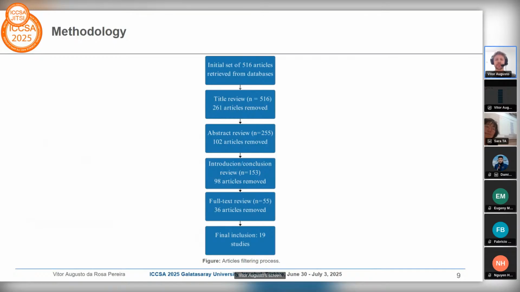After that, there was an abstract review step, removing 102 articles, and then the introduction and conclusion review, removing 98. And finally, the full text review, where we read the 55 remaining articles and removed 36, remaining then 90 studies for the final inclusion on the literature review.